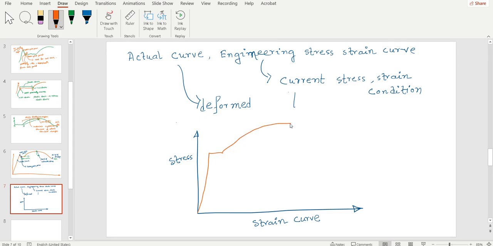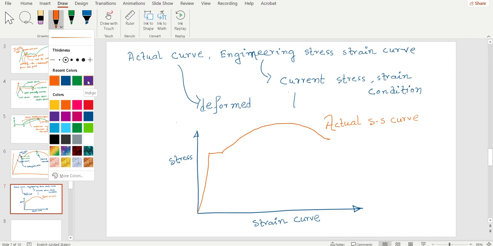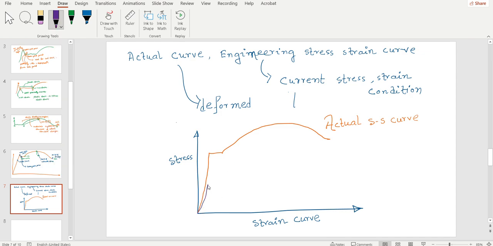This is the actual stress-strain curve, and this is the engineering stress-strain curve.